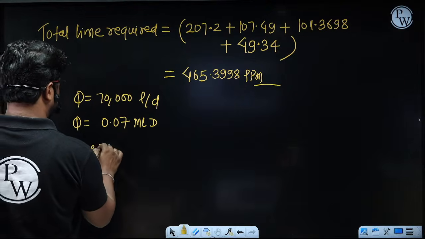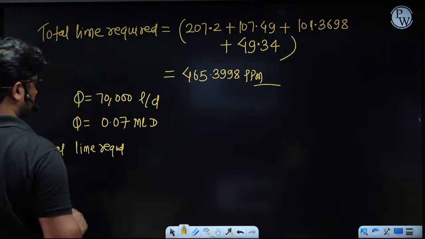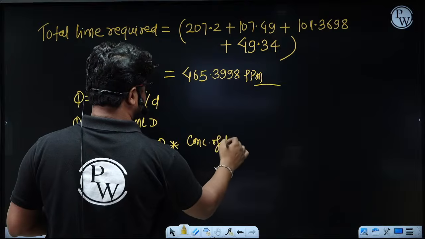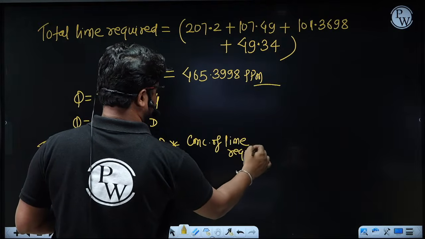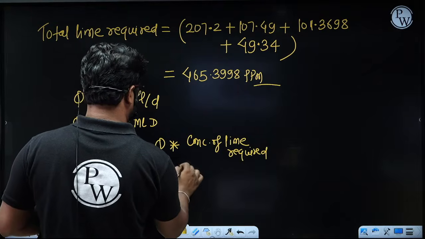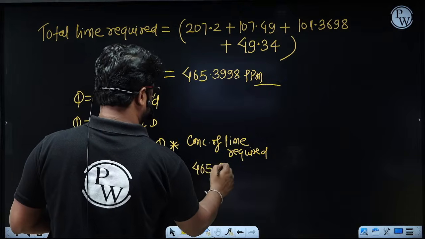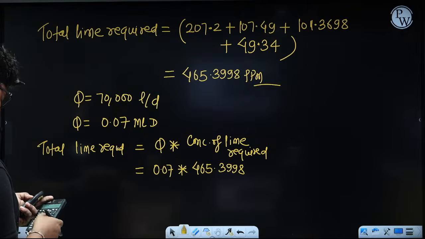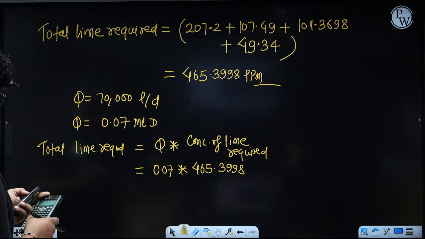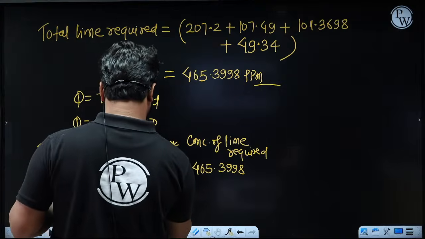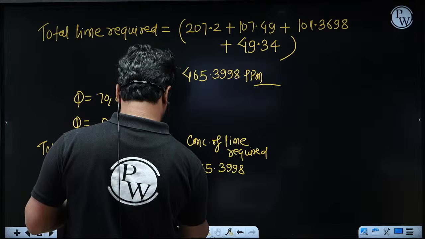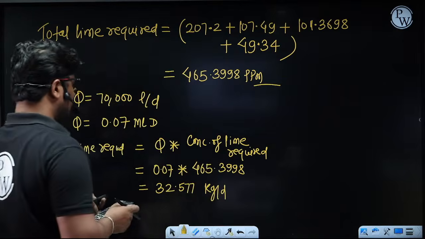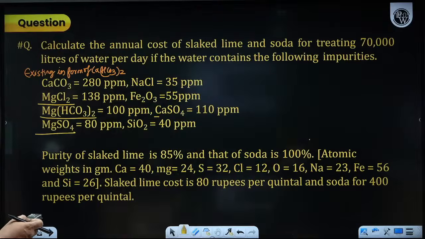Total lime required will be Q into the concentration of lime required, 0.07 into the concentration, in kg per day. This much you have.